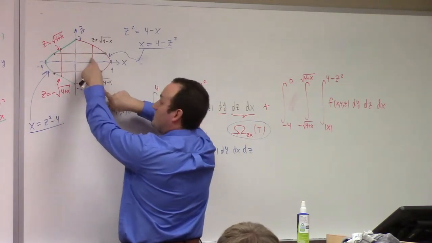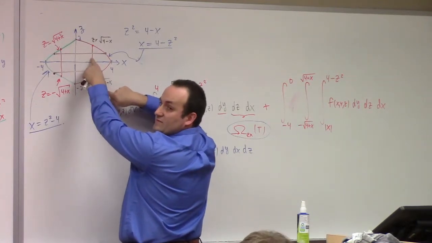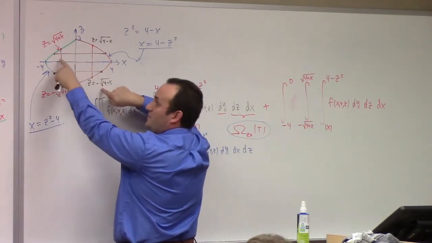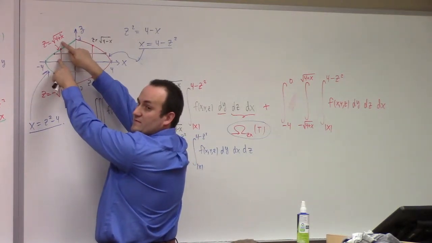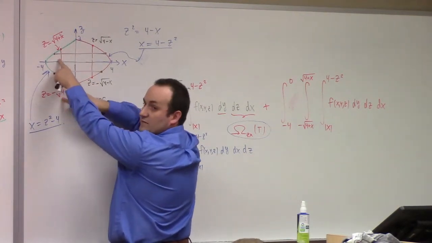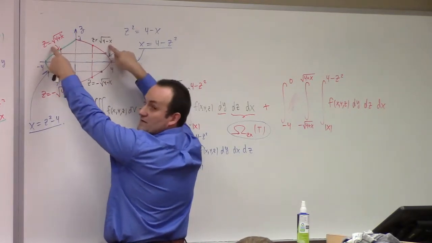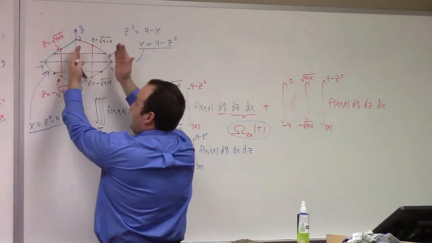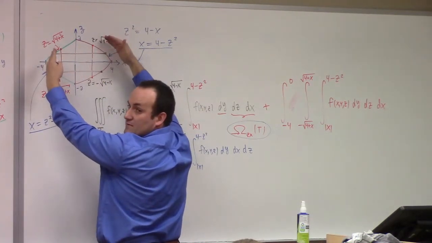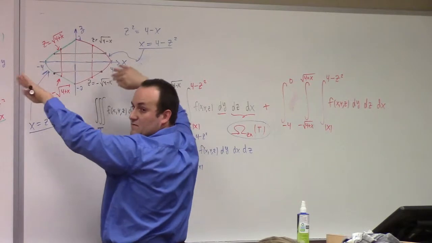The smallest it could be is minus the square root of 4 minus x. But when I'm over here, which is still in the region, all of a sudden the top is the square root of 4 plus x, and the bottom is minus the square root of 4 plus x. These are different functions, so I have to break it up into this piece plus that piece, because I don't have the same top and the same bottom across the whole region.